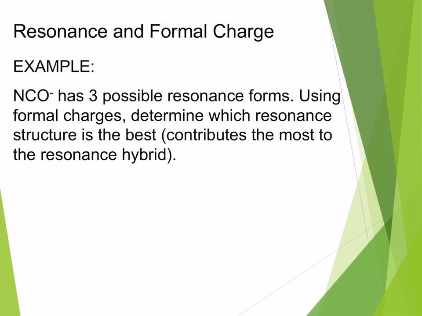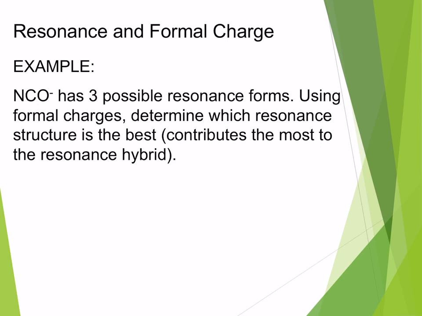What I want you to try is to go through and draw this isocyanate, NCO. There are 3 possible resonance structures, and you're going to draw them in that order: nitrogen, carbon, oxygen. So carbon will go in the middle, with nitrogen on one side and oxygen on the other.